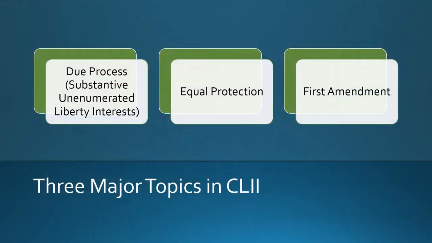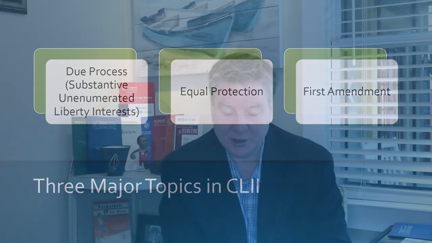So that's the first part of the course. The second part of the course is going to be focused on equal protection, because that's another huge component of individual liberty and rights. And the last part of this course is focused on the First Amendment. A lot of the other amendments you cover in criminal procedure, but we study speech, religion, and all that good stuff in Constitutional Law 2.